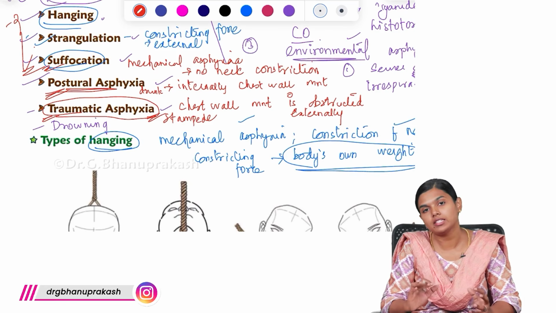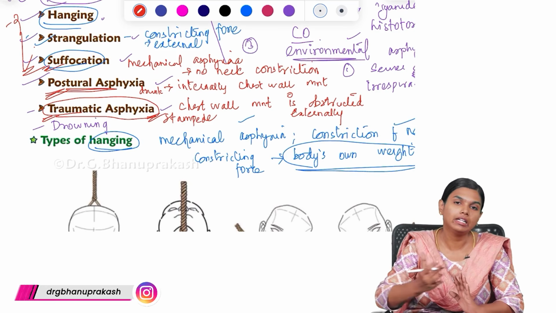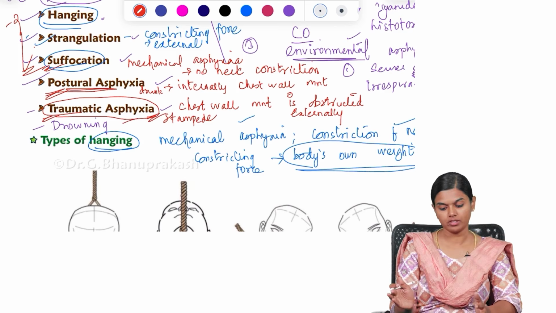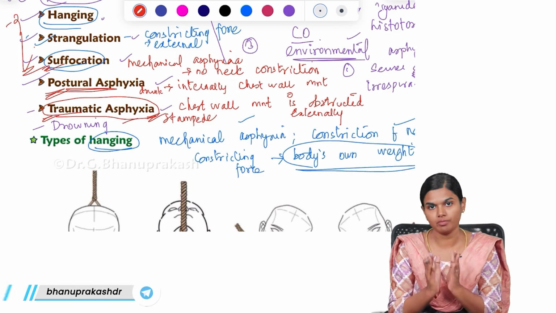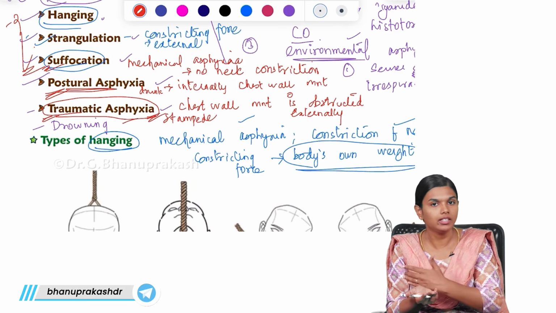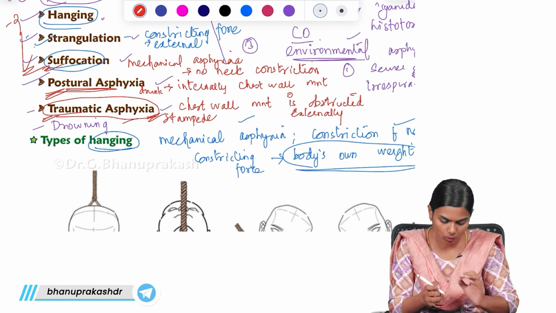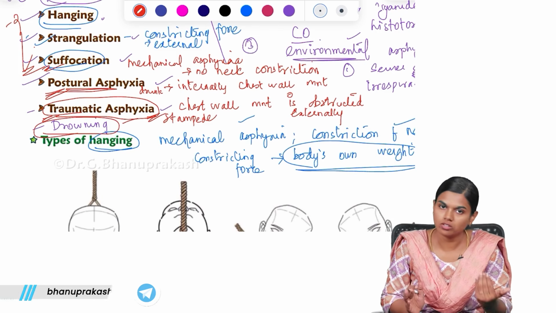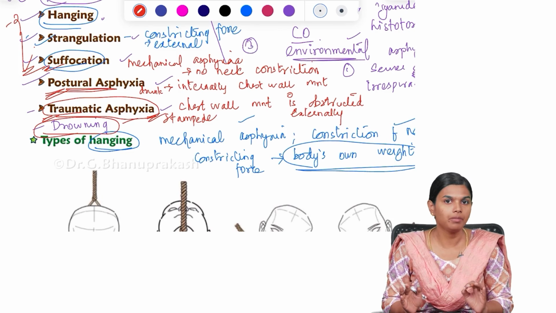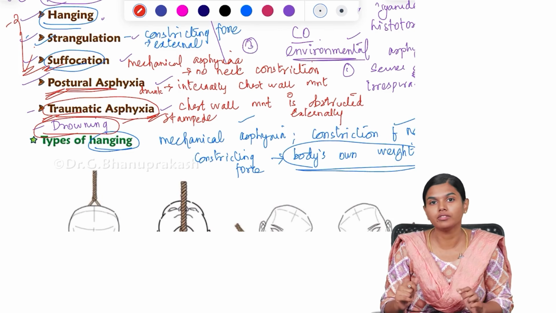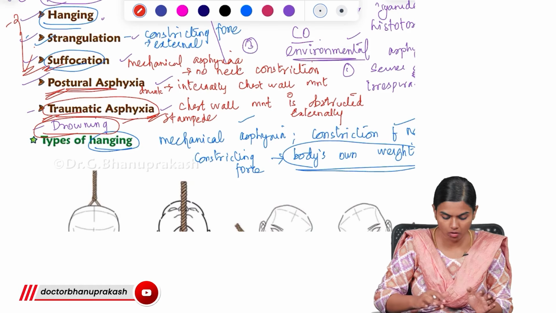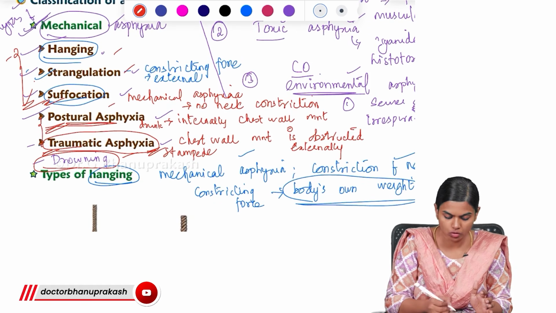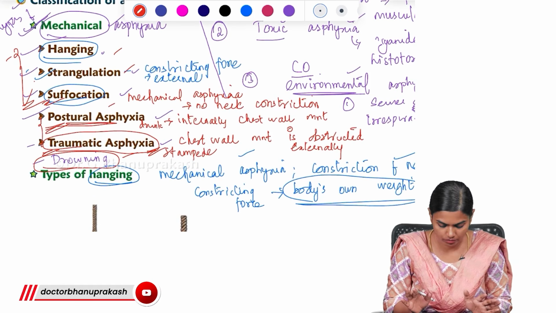When some external force is preventing the chest wall movement, we call it traumatic asphyxia. So these are the main types of mechanical asphyxia that we deal with in this chapter, and we have one separate entity, that is drowning. We will see it later on. This also comes under mechanical asphyxia, but it is a very broad subject, so we will deal with drowning later on. Now we will just stick to hanging, strangulation, suffocation, and these two postural and traumatic asphyxias.